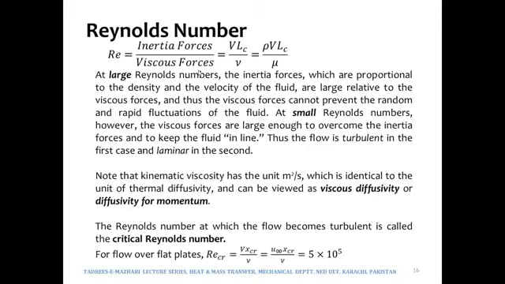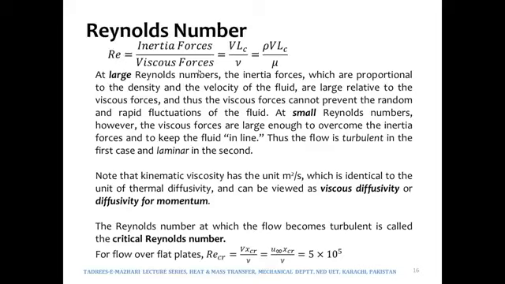Now we are going to discuss some of the dimensionless numbers, and we are starting from the Reynolds number. The Reynolds number should not be new for you. You would have already gone over it in second year in the fluid mechanics course.